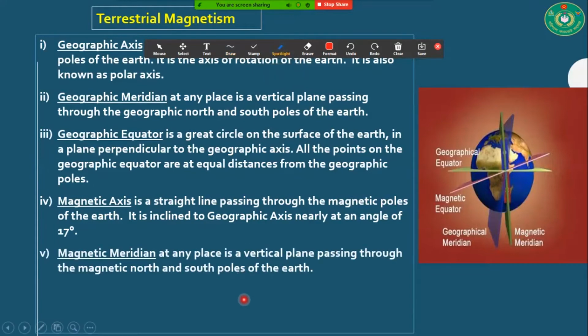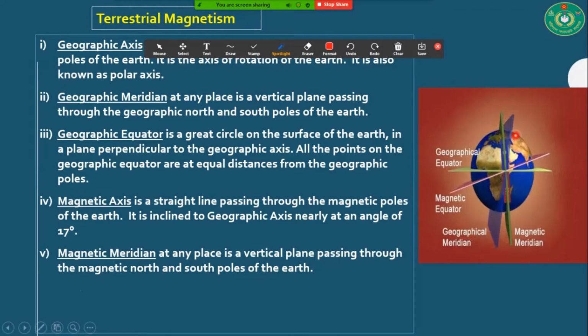Magnetic meridian. The magnetic meridian at any place is a vertical plane passing through the magnetic north and south poles of the Earth. Yes, this is our magnetic meridian. Boys, our concern here is that the magnetic meridian and geographical meridian do not coincide.